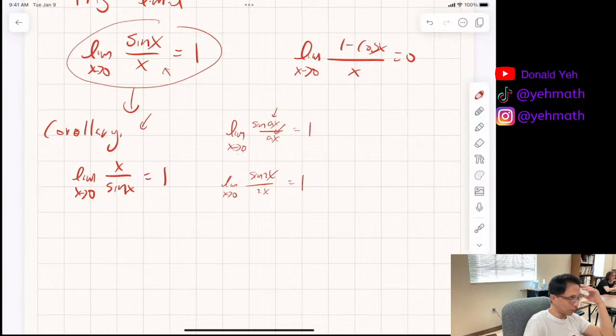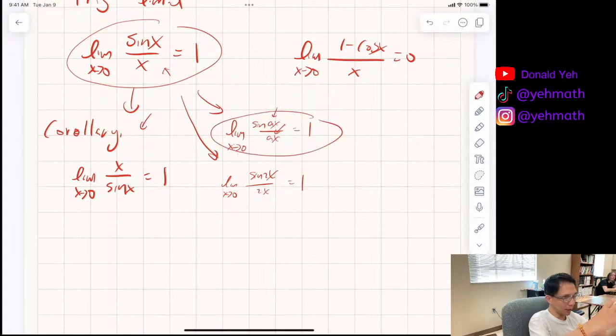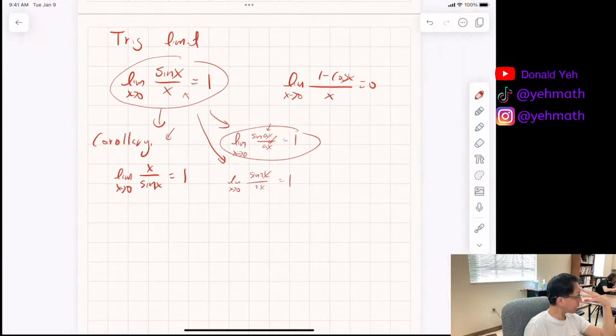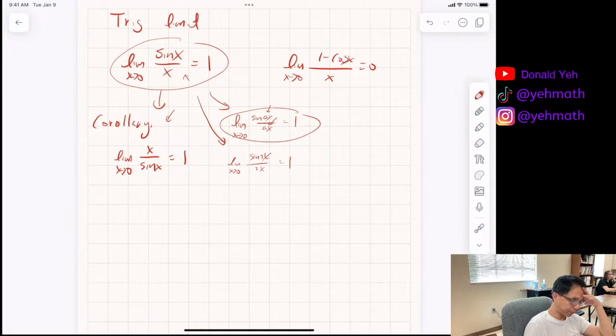Top and bottom have to be the same thing. Let's say sine of 5x over 5x, that's equal to 1 if the limit as x approaches 0. Does that make sense?